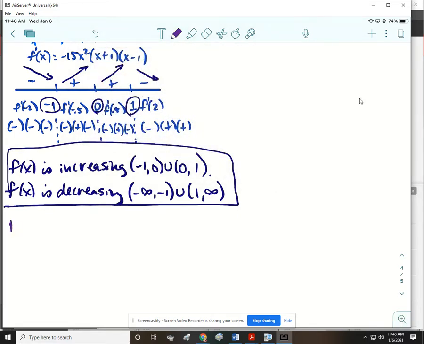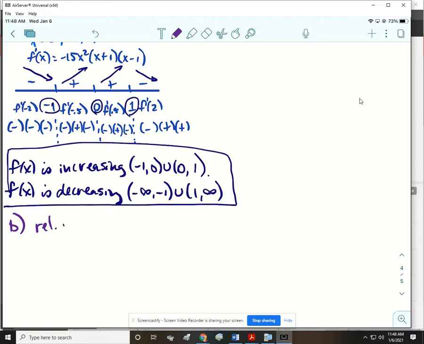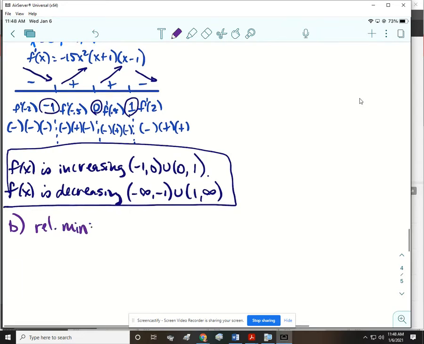The second part, we want to find the relative extrema. So we can use the first derivative like we did before. So when the first derivative changes from negative to positive like it did at -1, it creates a relative minimum when x is -1, and we'll figure out what y is in just a second.